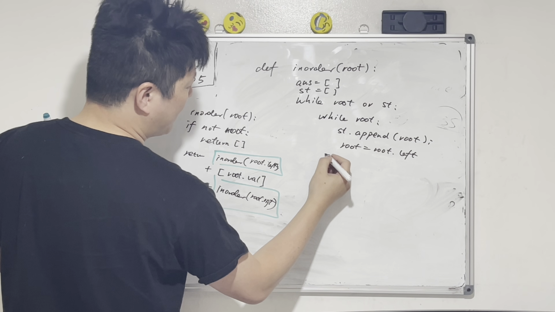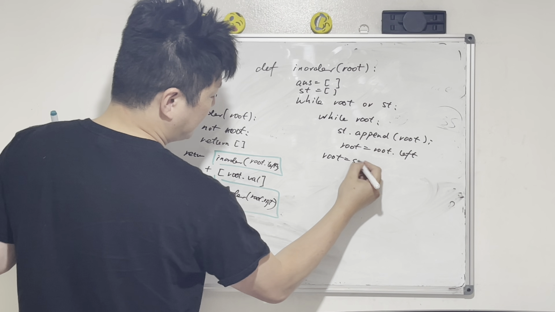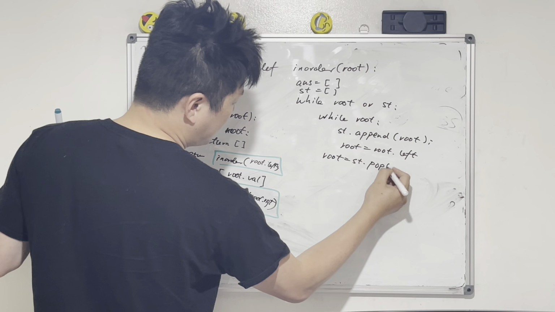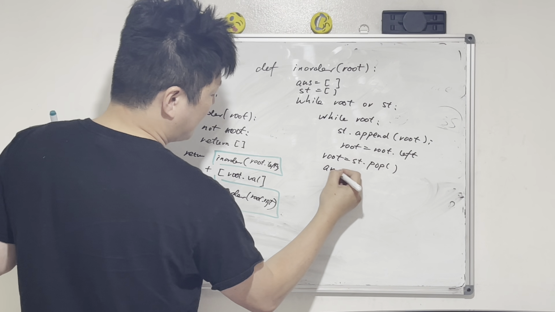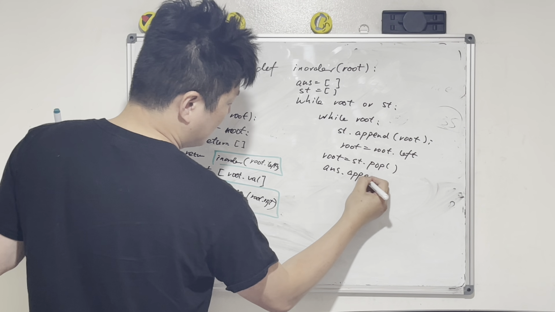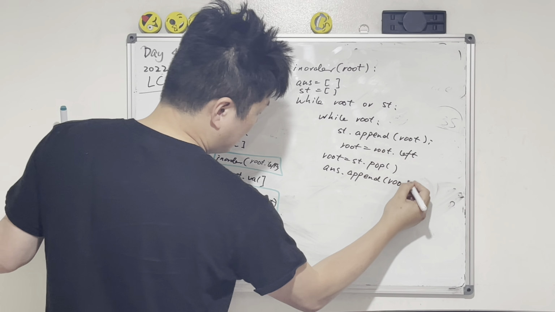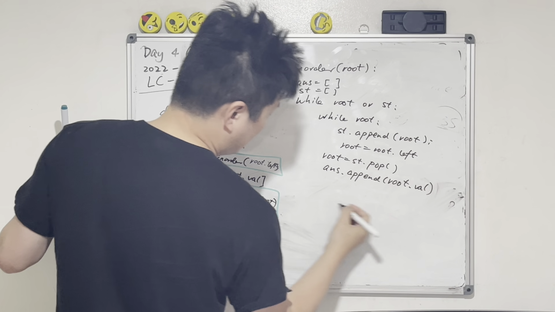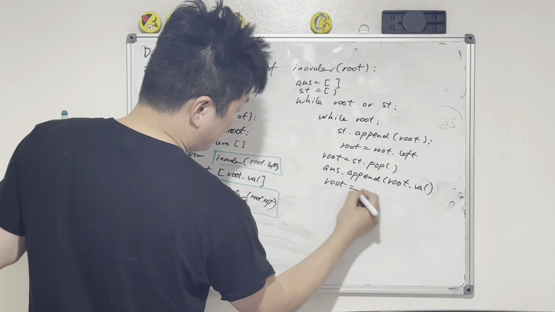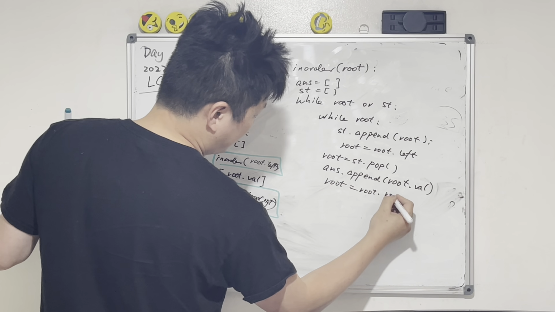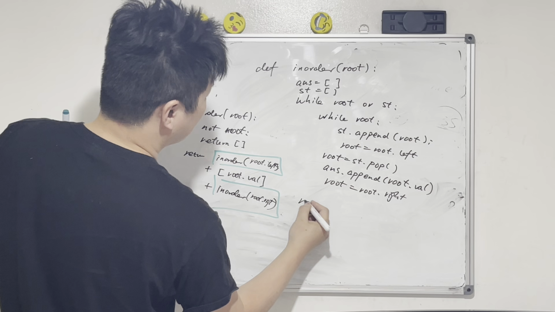Right? And then we take one out. Root equals stack dot pop, the last one, and then answer dot append root dot value. Okay. And then root equals root dot right. Okay. This is iterative, and return answer.